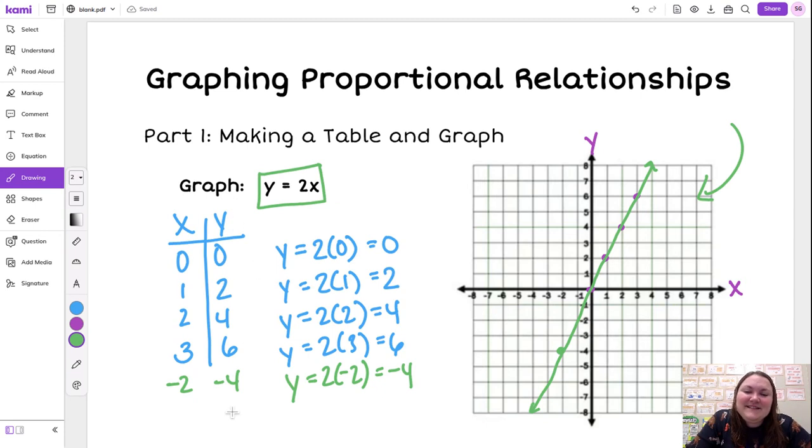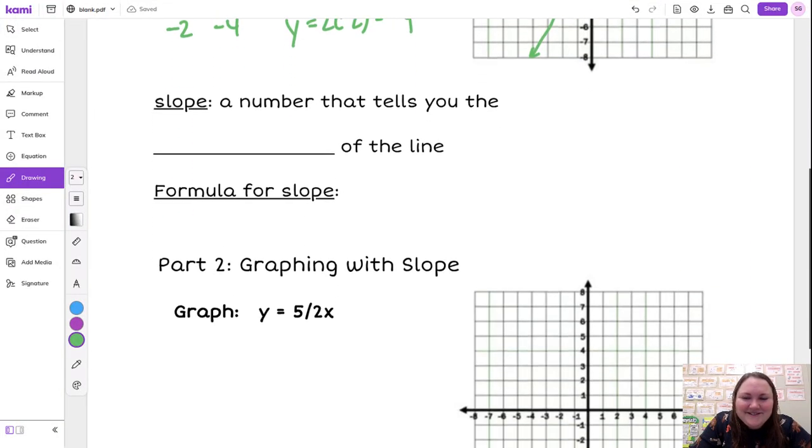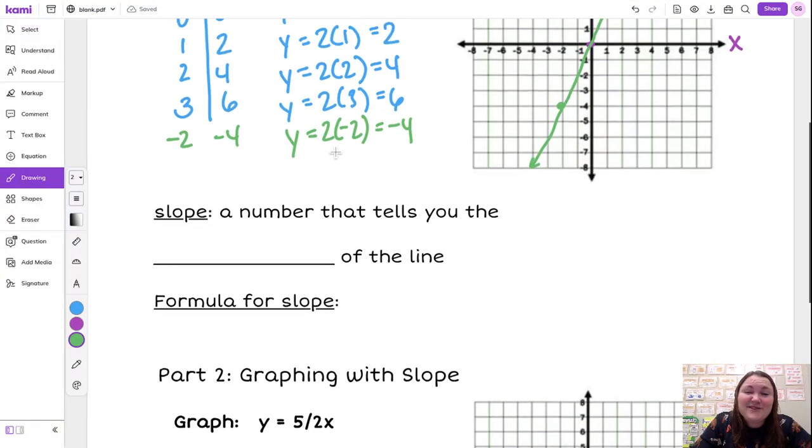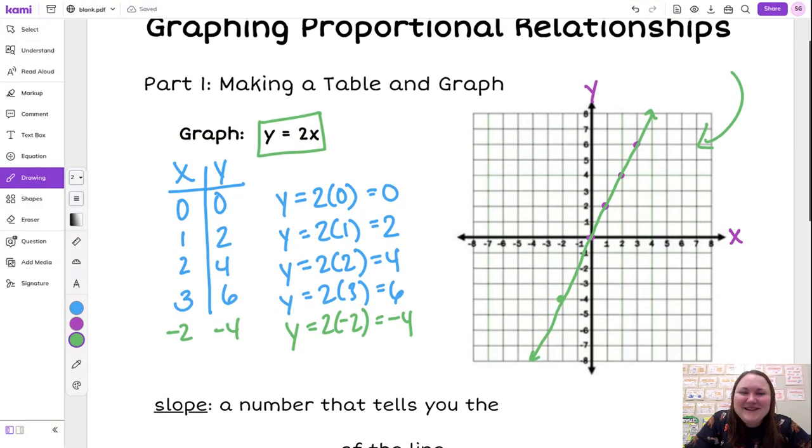Now, doing all of this math in this table, because that number in front was the number 2, it wasn't too hard to do, but you'll notice down here, the next one is going to be a fraction. And I'm a math teacher, but I don't like doing all of that math again and again with fractions. So there's actually an easier way using this number in front to help you make your graph.